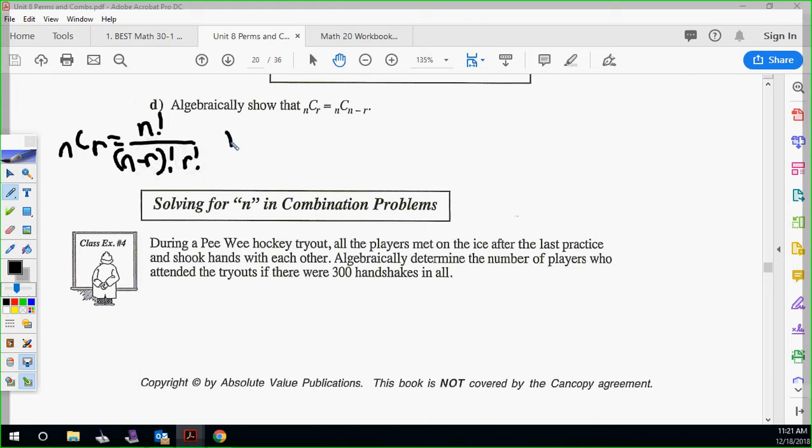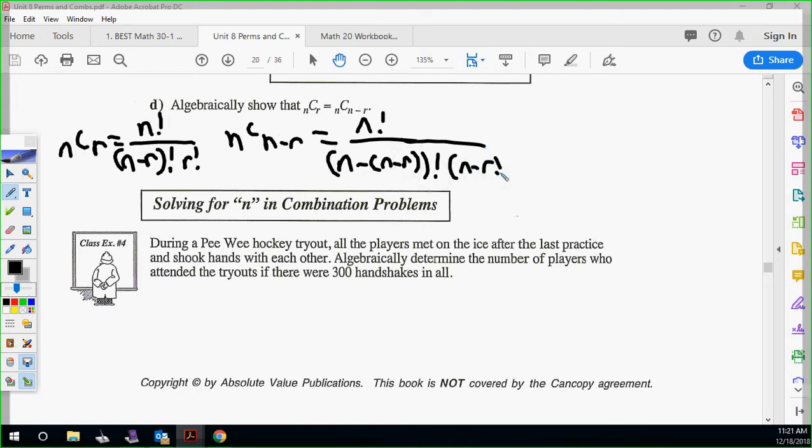And then we're going to do the nC(n minus r). That's n factorial. Okay, so I just put it in the form. It's weird, but our r for the second one is n minus r.